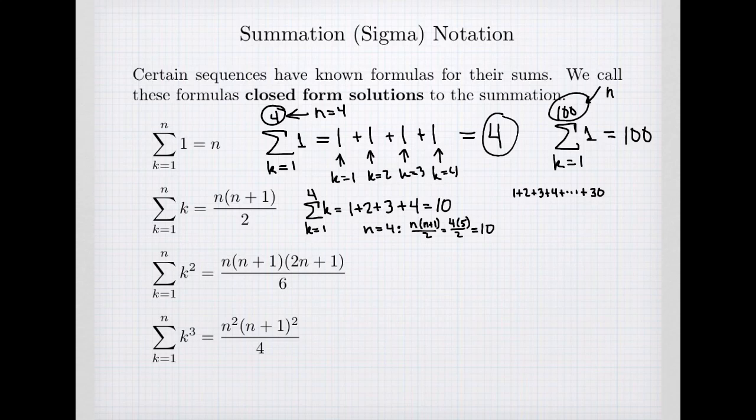Well, that's the same as the sum k counts the index from 1 to 30 of k. And so that's exactly this form with n equal to 30. And so the answer is 30 times 31 divided by 2, which is 465, which is a lot faster than adding up those numbers by hand.